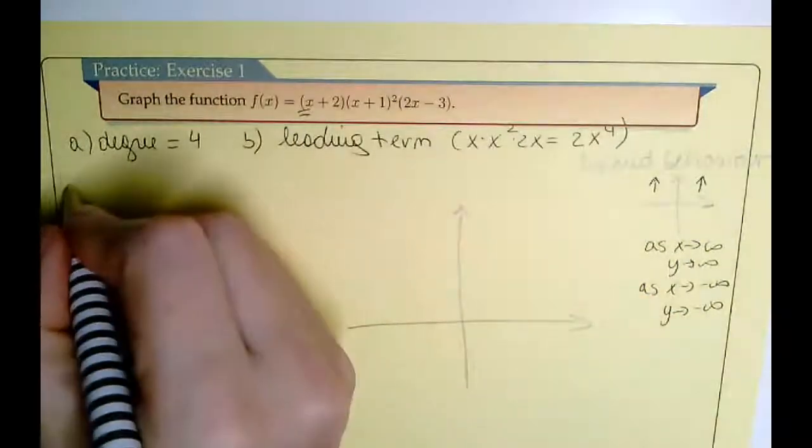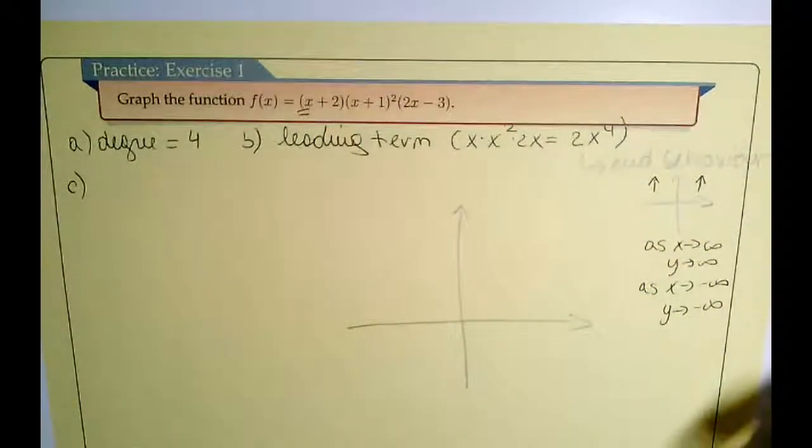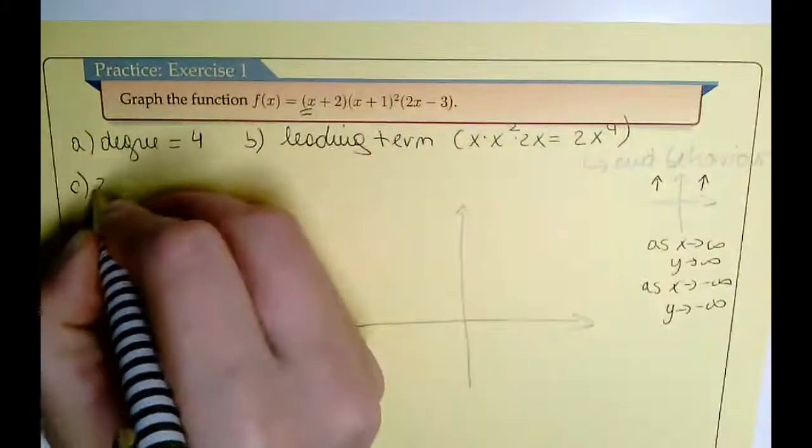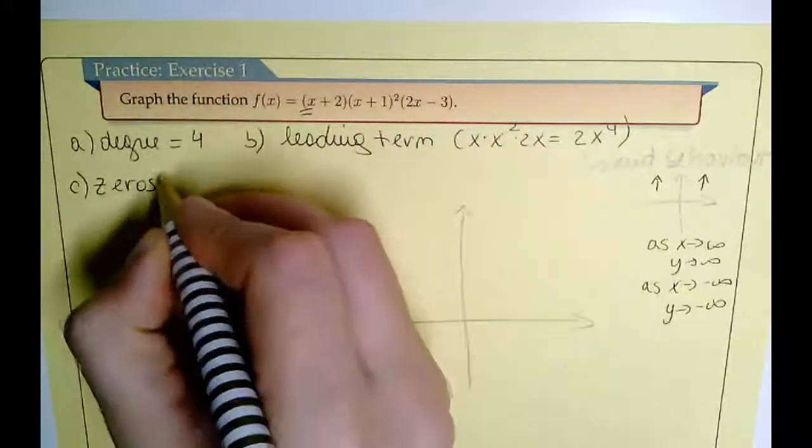Alright, so what are the zeros now? The zeros with their multiplicity.